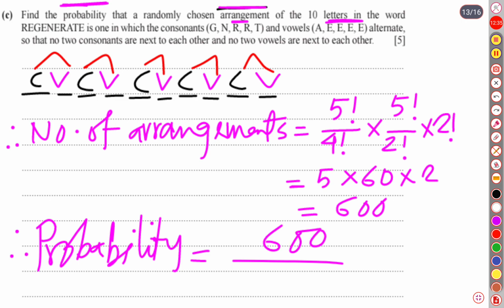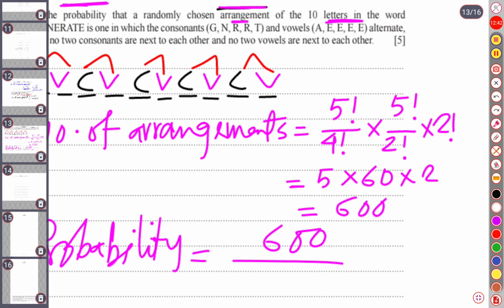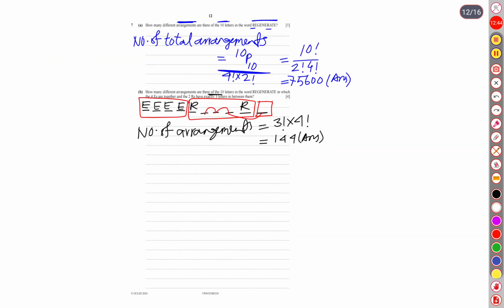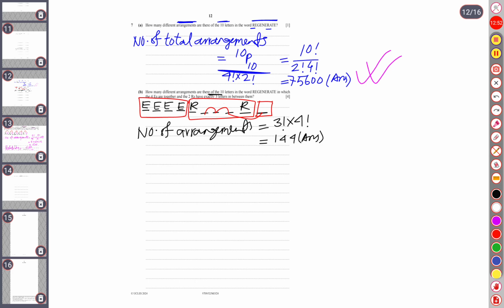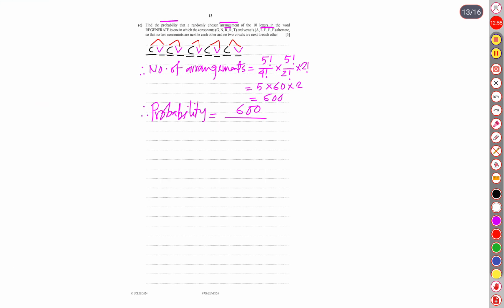Then we will find what was the total number of arrangements without any restriction. Without any restriction, the number of arrangements was, look at this, this was the number of total arrangements, 75,600, without any restrictions.